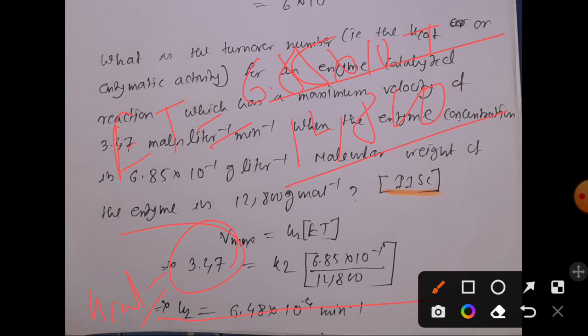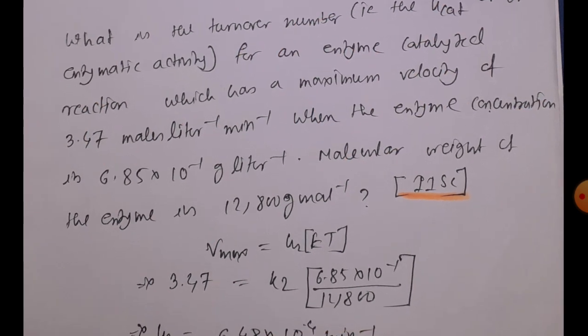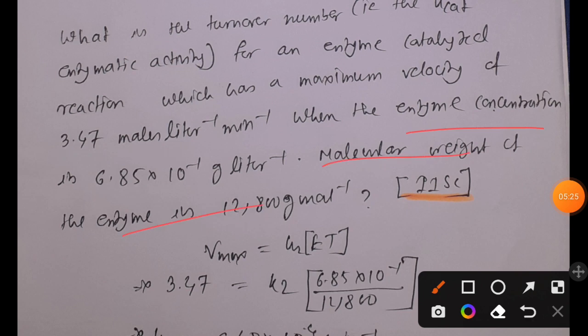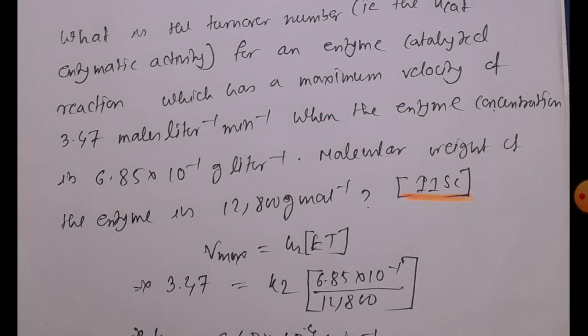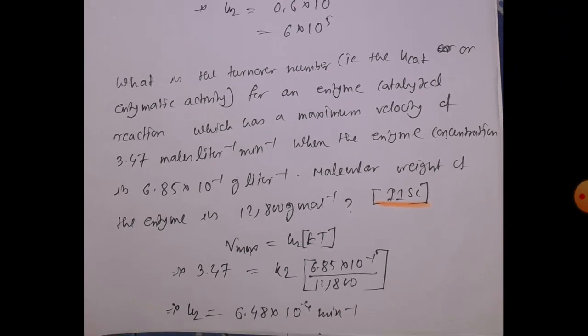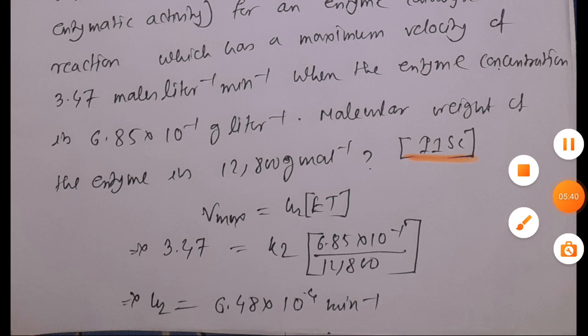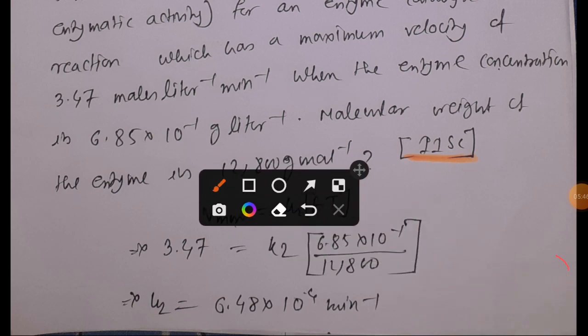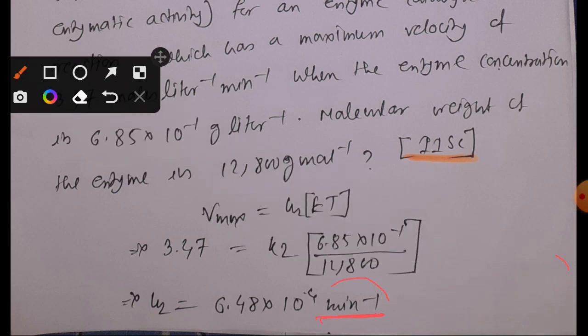Now I think you guys may also have some problem when you get two values together, that is enzyme concentration and molecular weight, because I also had that problem. So whenever you don't know what to do with this kind of molecular weight, I would like to share something. Although here I have not mentioned the options, if I had, you could understand this: the option mentions that the unit of our answer will be minute inverse.